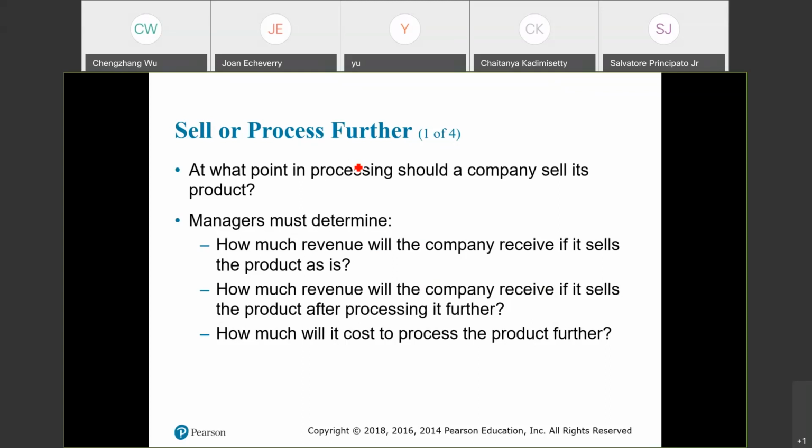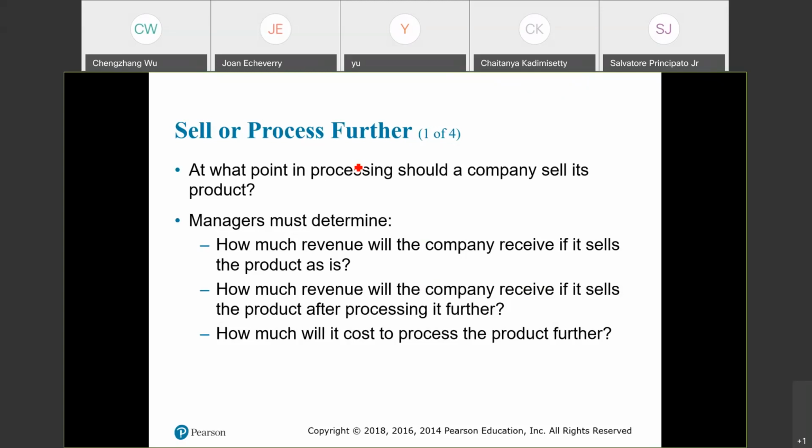The company must then decide whether it should sell the pasteurized milk or process it further into other dairy products, such as reduced fat milk, butter, sour cream, cheese, or other dairy products.